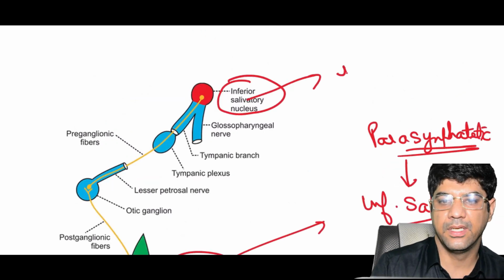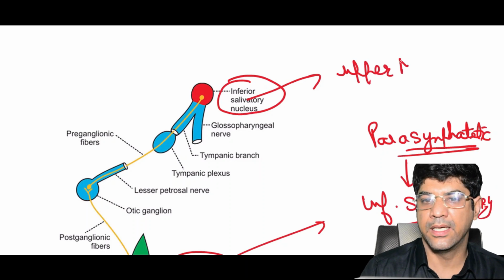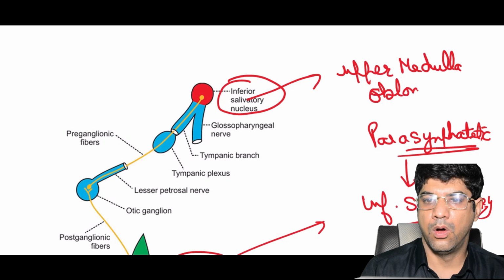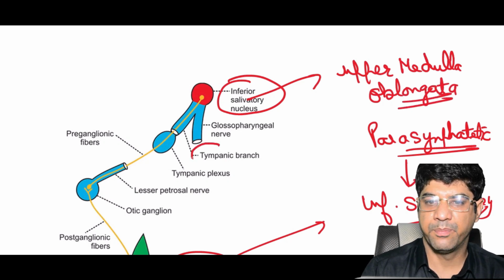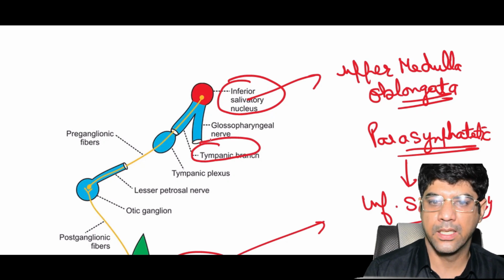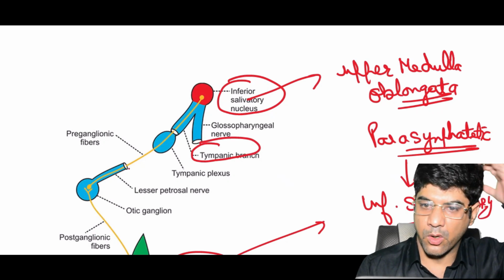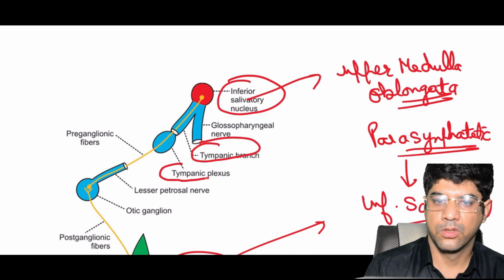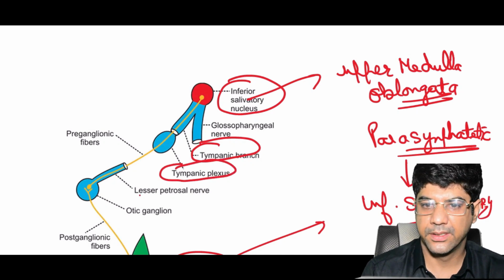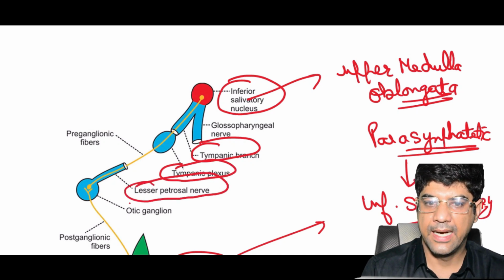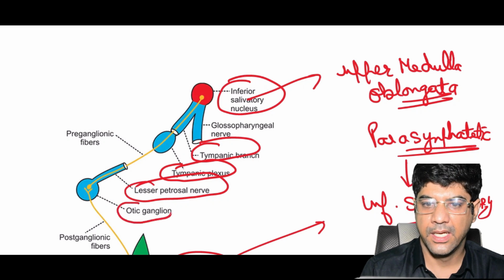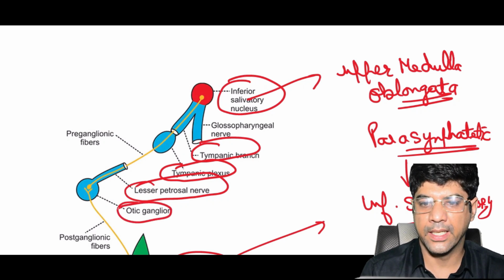So remember, this is located in the upper medulla oblongata. The fibers here pass through the tympanic branch of the glossopharyngeal nerve, through the tympanic plexus and the lesser petrosal nerve, ending in the otic ganglion.